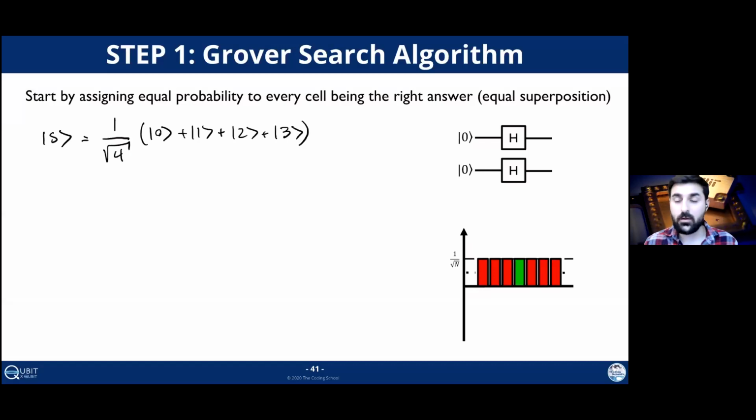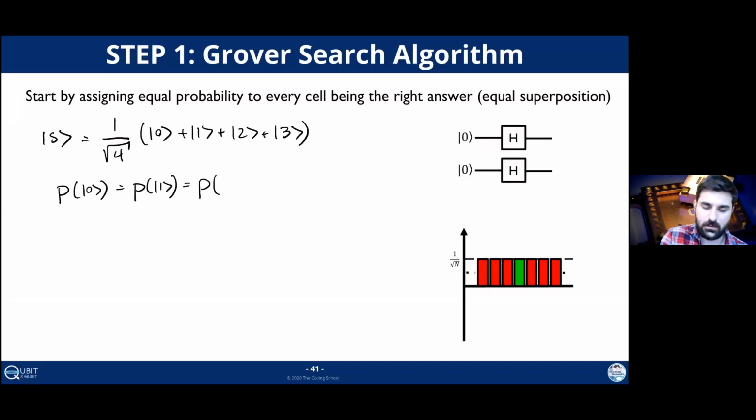So right now we're in equal superposition of everything. If I measure this state as it is right now, I'm going to get 0, 1, 2, or 3, each with a quarter probability. So probability of 0 is equal to probability of 1 is equal to probability of 2 is equal to probability of 3, and they're all equal to 1/4, which is just this amplitude squared.